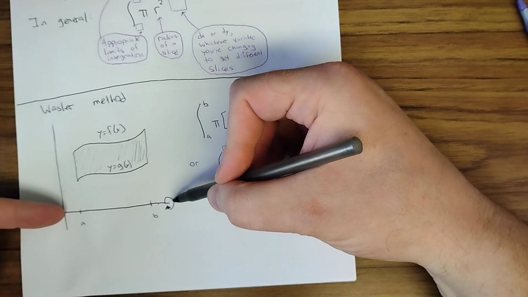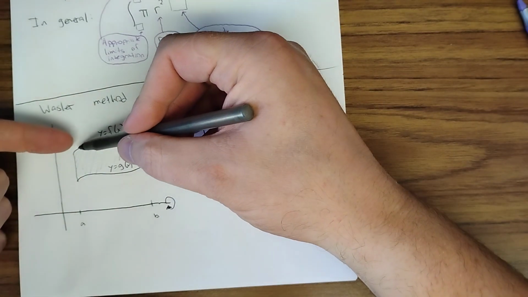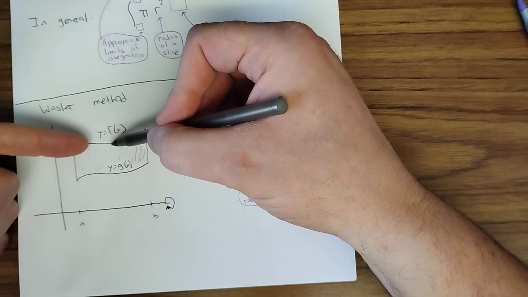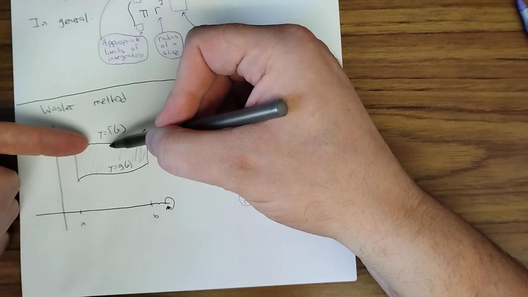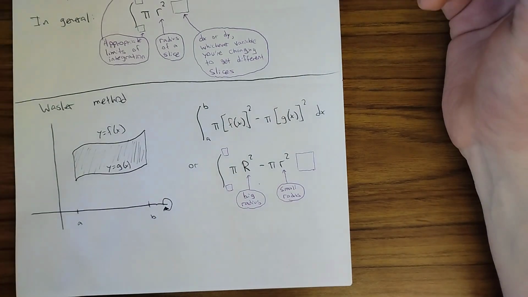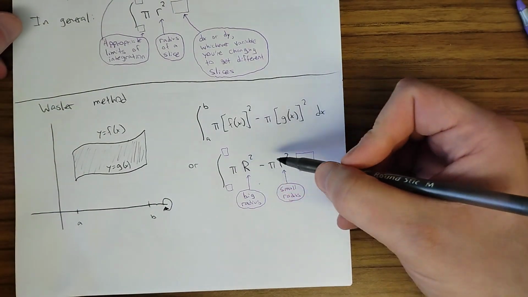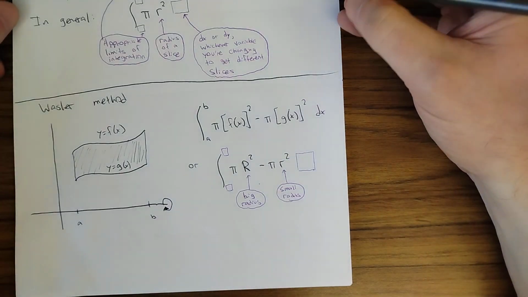The axis of revolution is this line that we're spinning it around. So big R, at least in this picture, is f of x. That's the one that's farther away from this line. G of x is the little radius. That's the closer one. So I do pi times the big radius squared minus pi times the little radius squared.